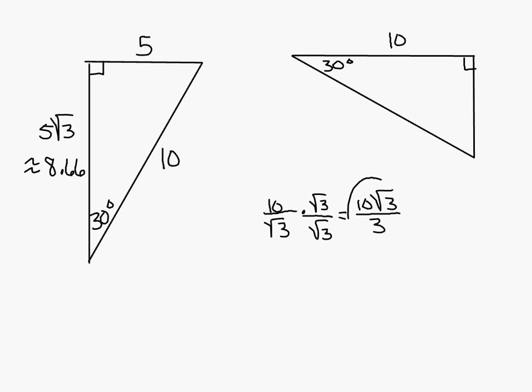This cannot be simplified. That's as simple as it gets in radical form. So this is 10 radical 3 over 3. The decimal version is 10 divided by the square root of 3, 5.77.